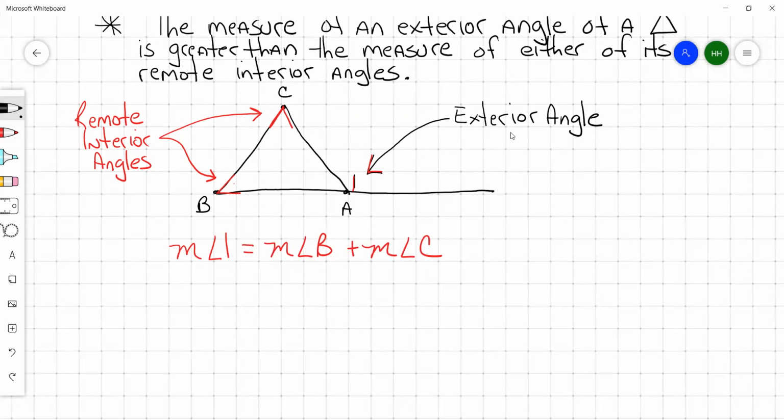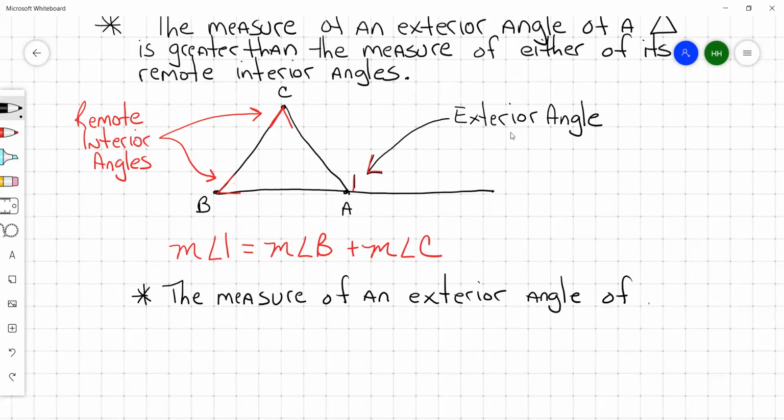The wording for this rule says that the measure of an exterior angle of a triangle is equal to the sum of its remote interior angles.